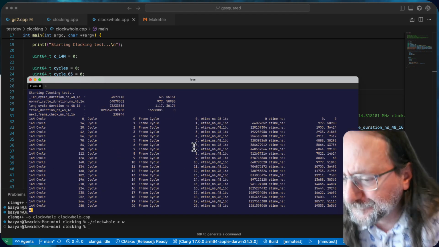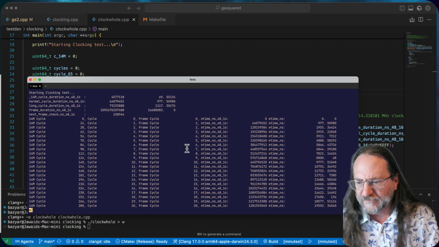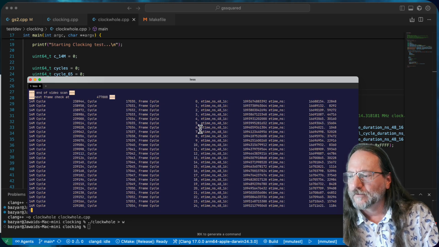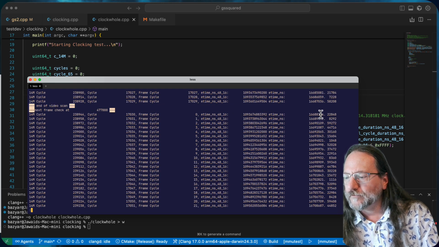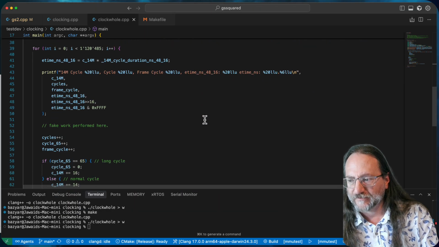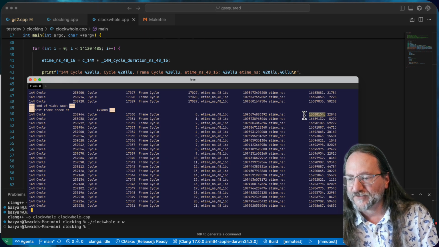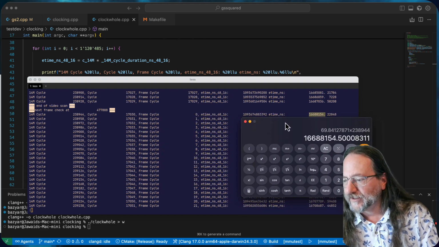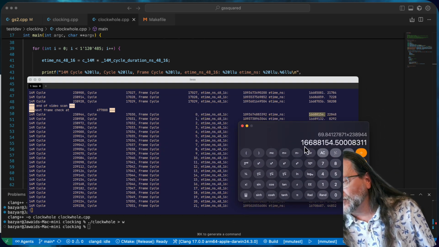That's better. Do I print those after updating? No, I print them before updating. So this is the one here.